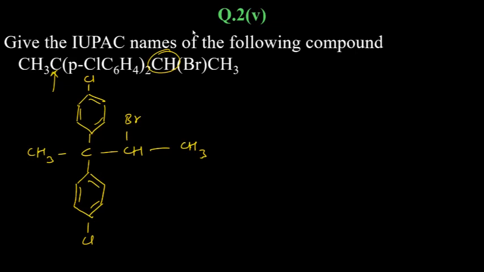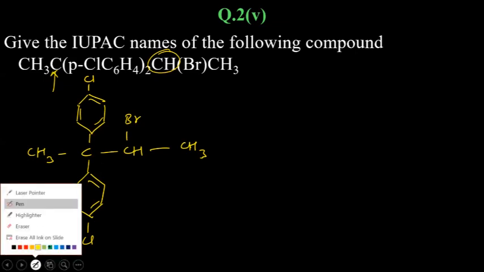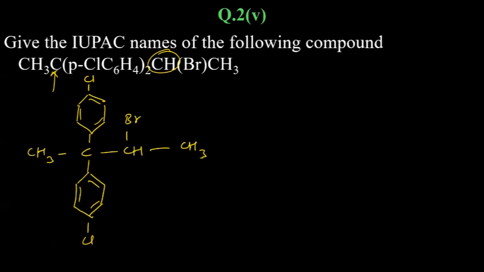So in this case, you have two groups attached on the second carbon from the left, and you have one bromine attached on the second carbon from the right. Now, if you consider the number of branches from the left-hand side, the rule will be this one. Many books and the internet give the numbering from the right-hand side, 1, 2, 3, 4, which is not correct, and your teacher might follow that rule.